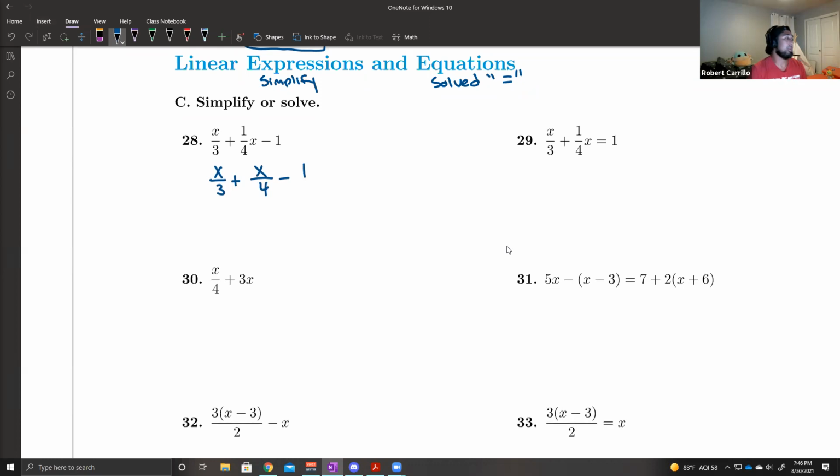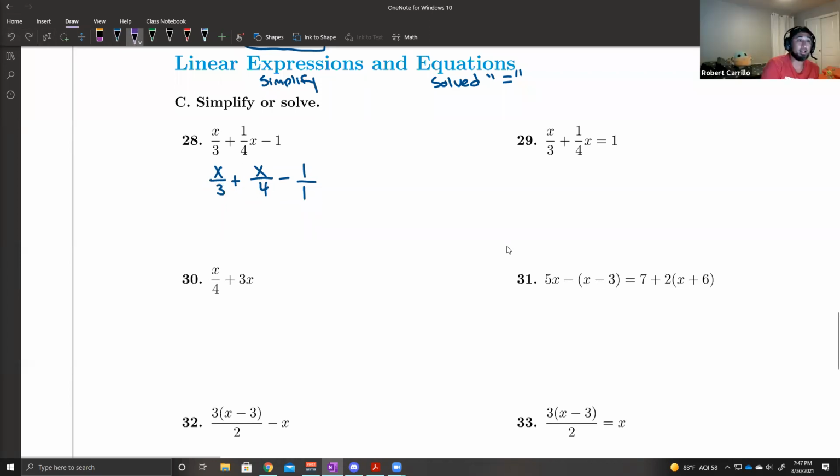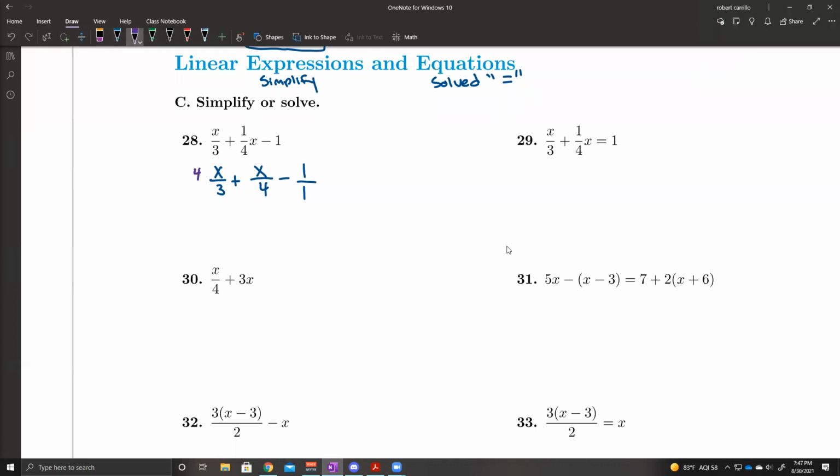All right. And now, if we want to put all three terms together, we need to find a common denominator. What is the common denominator between 3, 4, and 1? Well, 12. Good. So this means that x over 3 gets multiplied by 4 over 4.